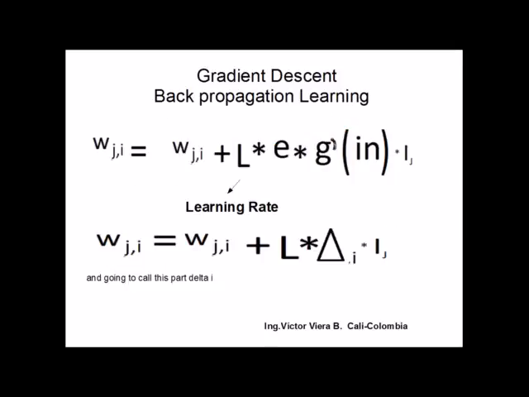Now we need to compute the new weight, which is equal to the old weight plus the learning rate times error times g prime of in_i times a_j. The learning rate is how fast the neural net learns, how fast.